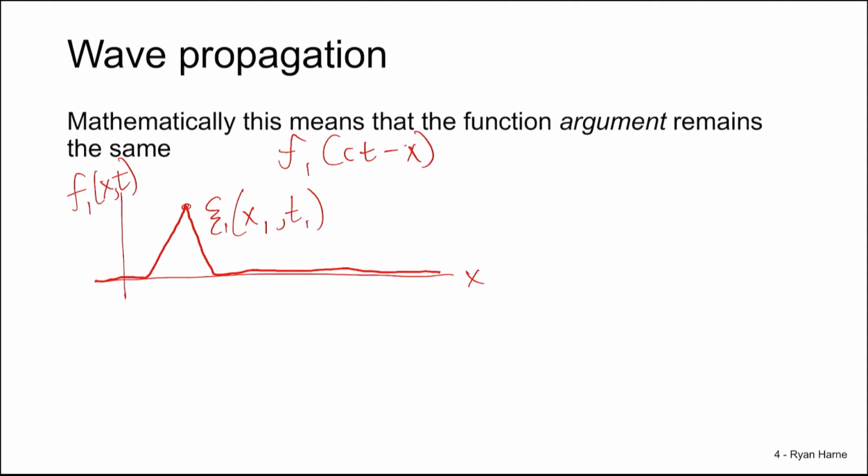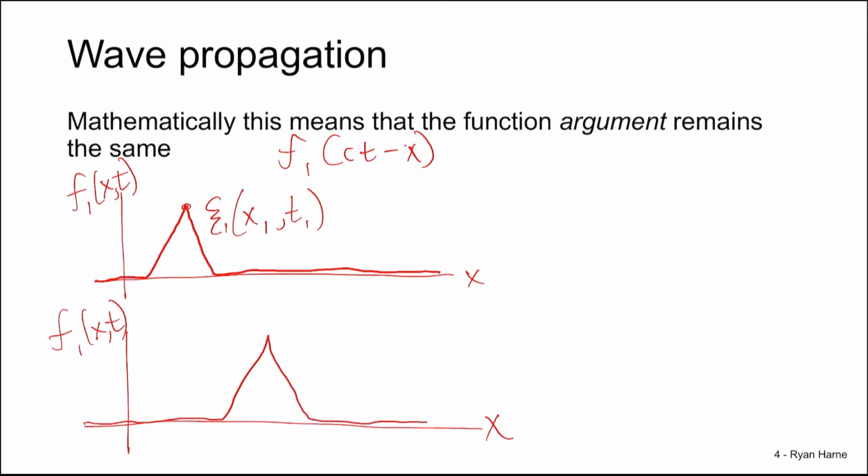Now, if we allow some time to pass, what is going to happen to our wave? Well, we just said on the prior slide that the shape remains unchanged in time. So that means that the wave propagates, and now that original point, zeta 1, is now positioned at x2 in a following time.